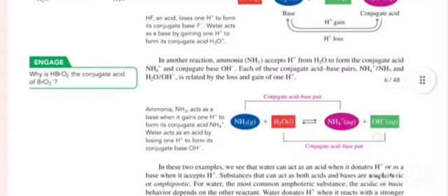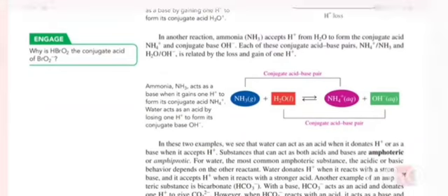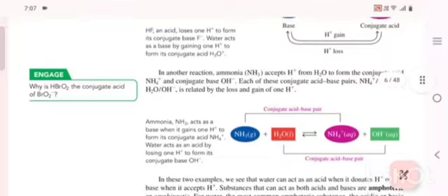In another reaction, ammonia NH3 accepts H+ to form the conjugate acid NH4+ and conjugate base OH-. Each of these conjugate acid-base pairs, NH4+/NH3 and H2O/OH-, is related by the loss and gain of one H+.